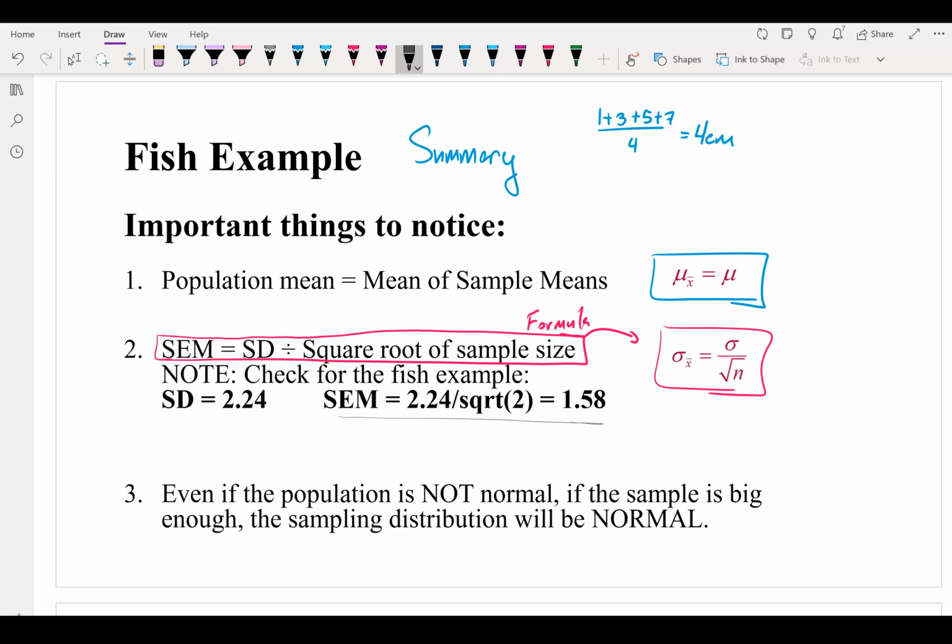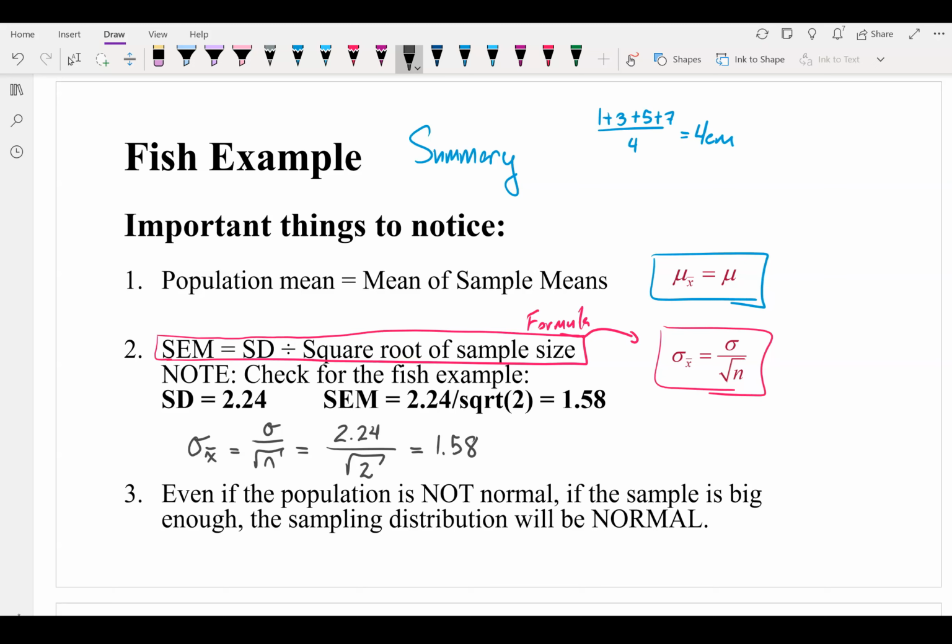The standard error of measurement, or the standard error, is the standard deviation divided by the root of the sample size. The standard deviation for our original data set was 2.24. The sample size, well, remember we're taking 2 fish at a time for every sample, so the sample size was 2. As long as we have the standard deviation and we know the size of the sample, we can get the standard error every time. And what that's going to work out to is 1.58.